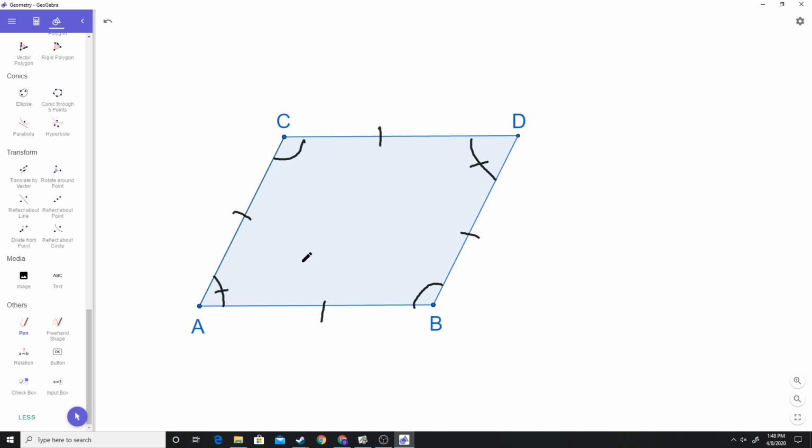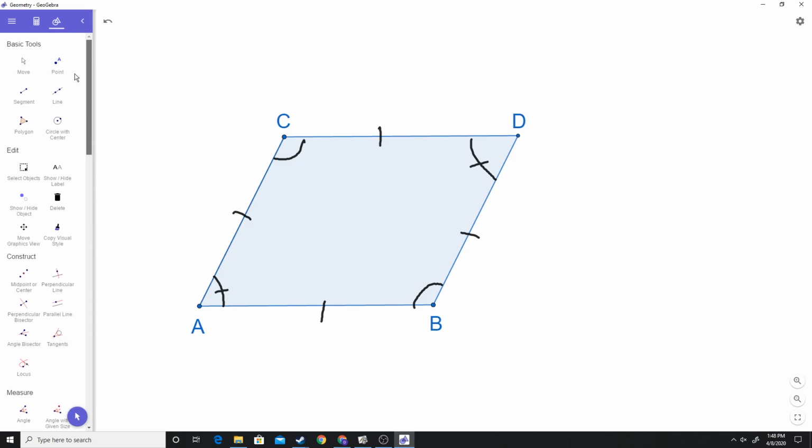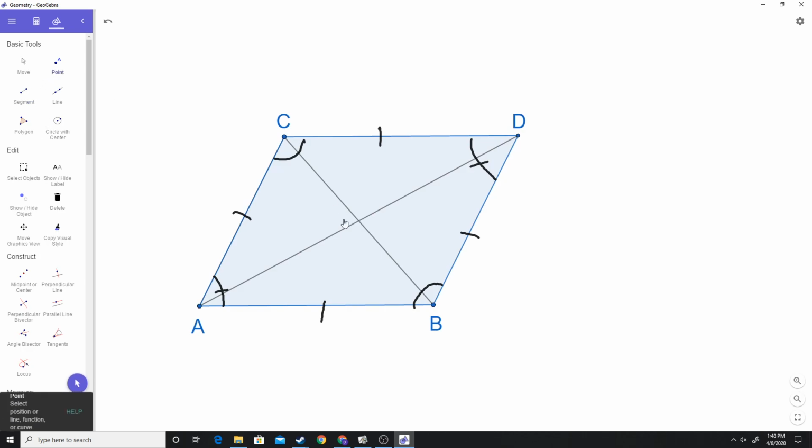And we also have to keep in mind that the diagonals of a parallelogram bisect each other, so the same is true of a rhombus. So let's connect the diagonals with each other, and we are going to say that they meet at this point here. Well, actually no, we don't need to do that because we're just trying to connect the midpoints.